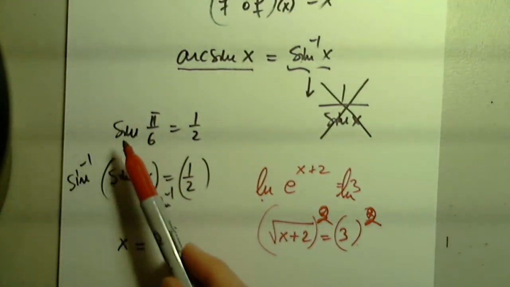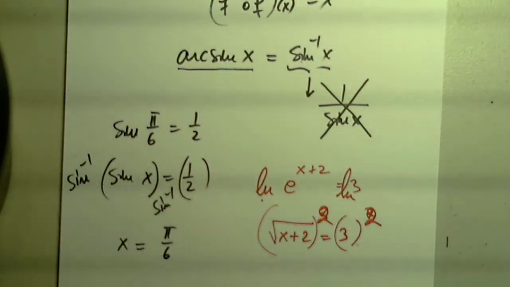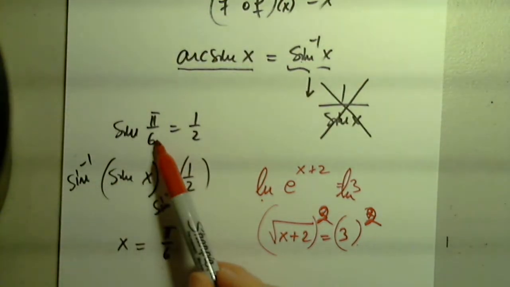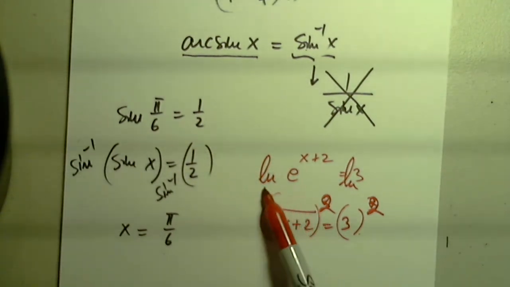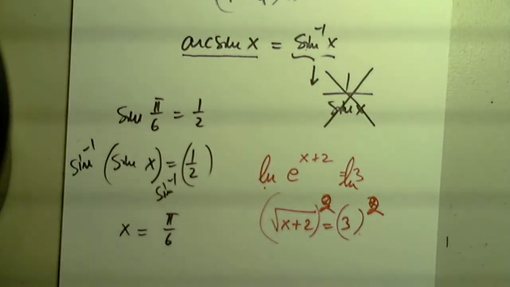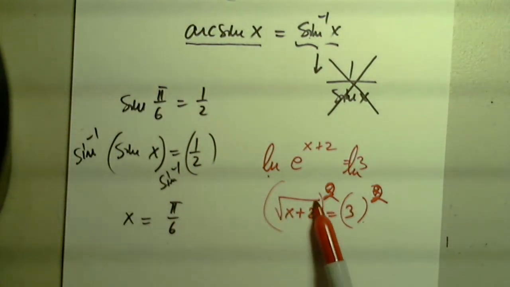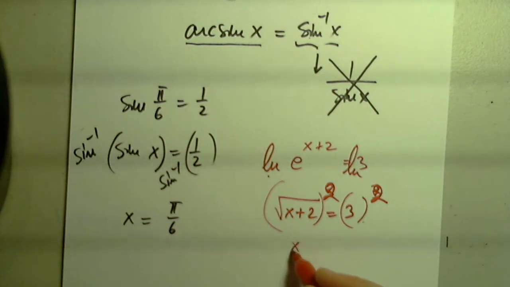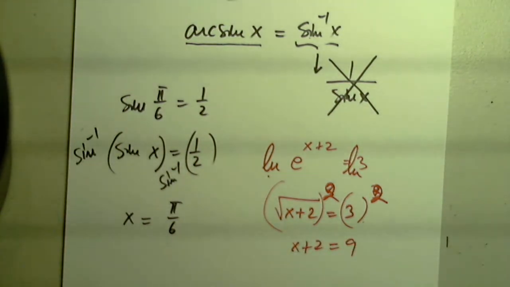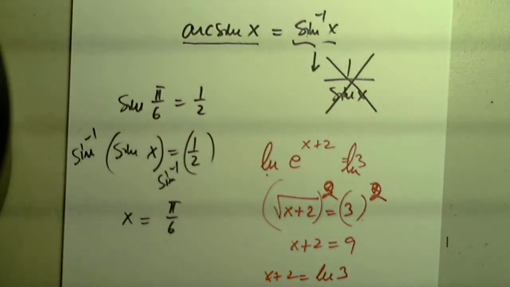We have a function that is the inverse of sine. It reverses the effect of sine on pi over 6. Natural log reverses the effect of e to the x. Power 2 reverses the square root. So that's why we get x plus 2 equals 9, and that's why here we get x plus 2 equals natural log 3.